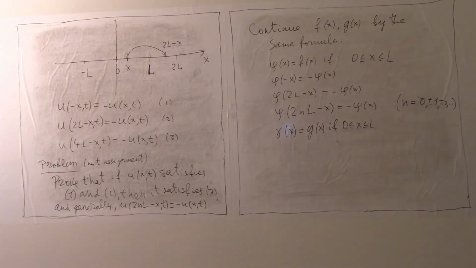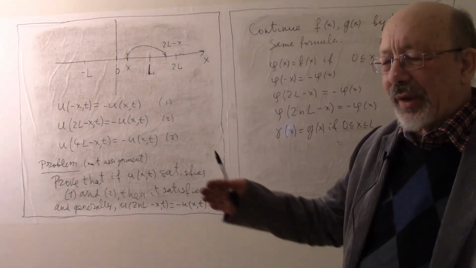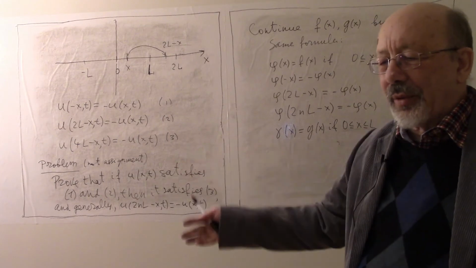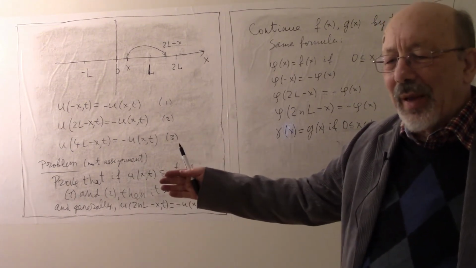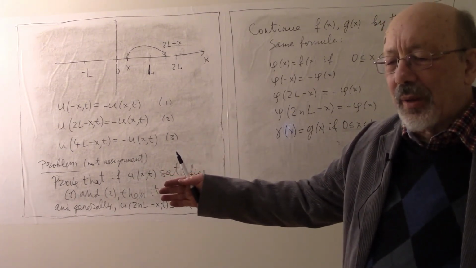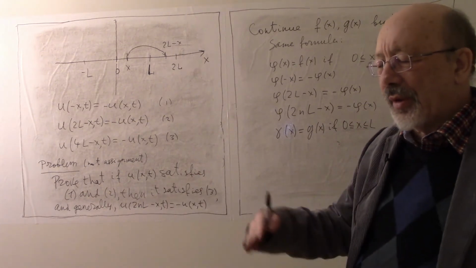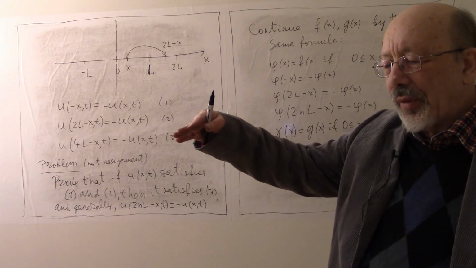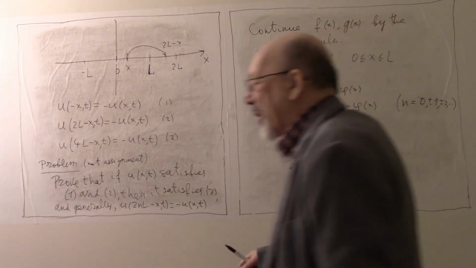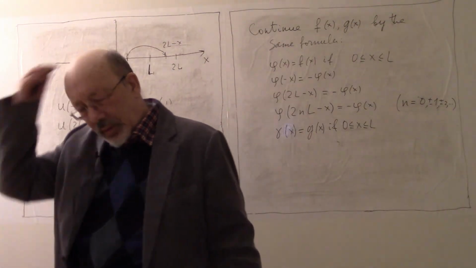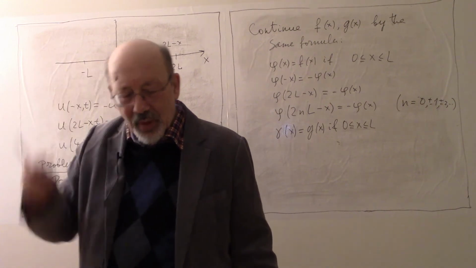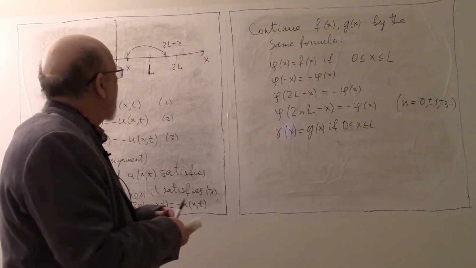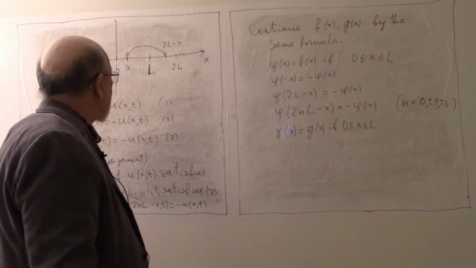So how can we imagine the solution of this equation? Very simple. We take this continued function after all these reflections, and we apply our formulas for the solution of the initial value problem on the whole line. These are formulas which we already know.